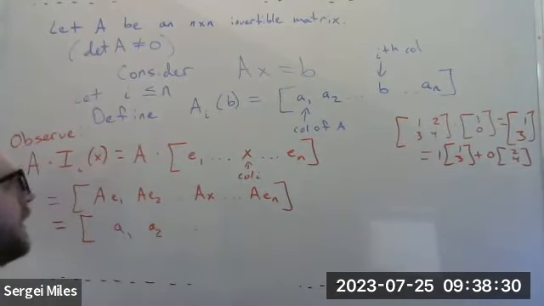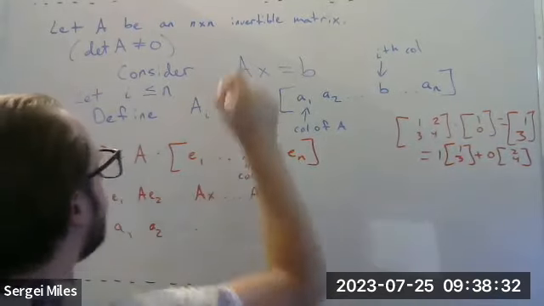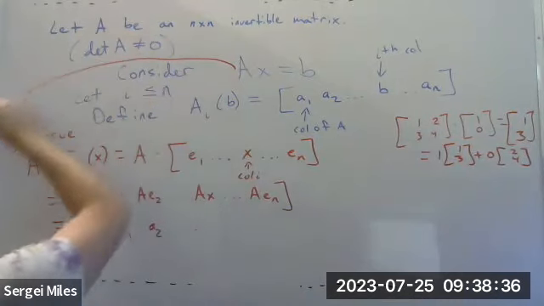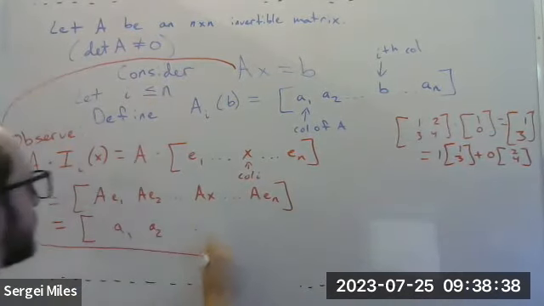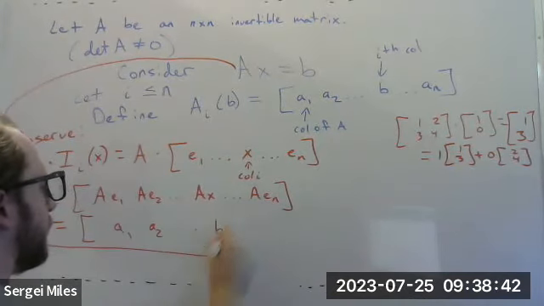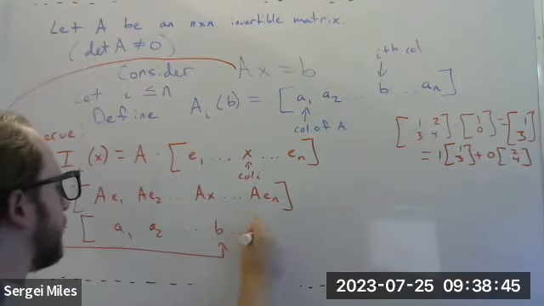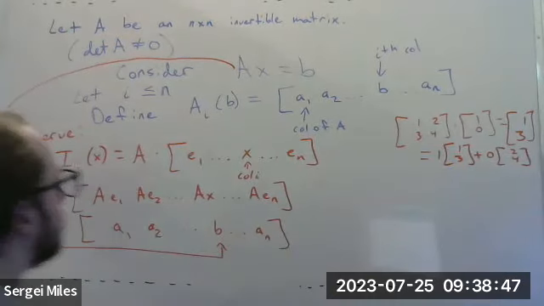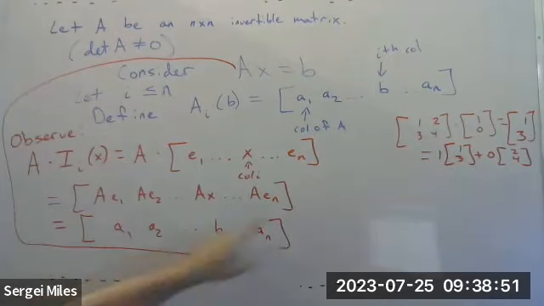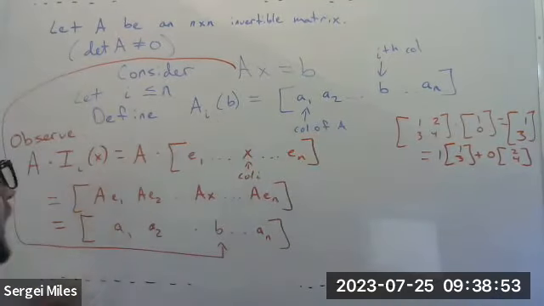But what is A times X? Well, by assumption up here, A times X is the problem we're trying to solve. A times X equals B. And then we have AN here. But long story short, what have I actually written here? Well, this is Ai of B.